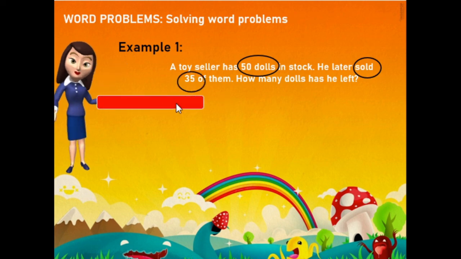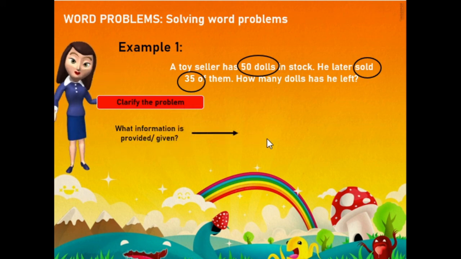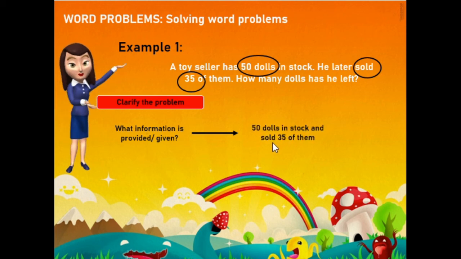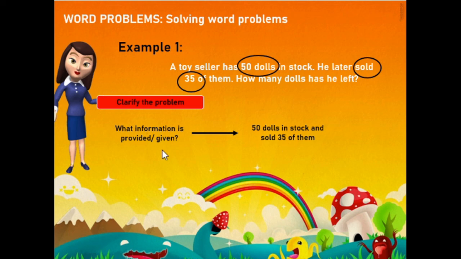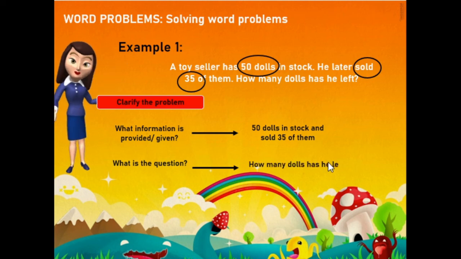First step, clarify the problem. What information is provided or given? You have there 50 dolls in stock and sold 35 of them. What is the question? How many dolls has he left?